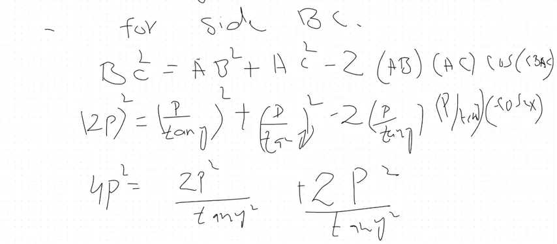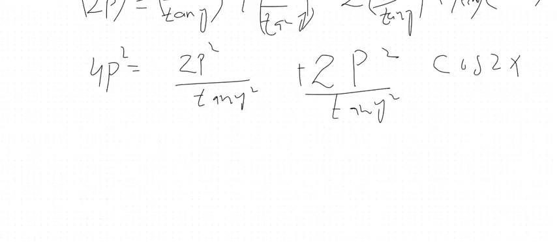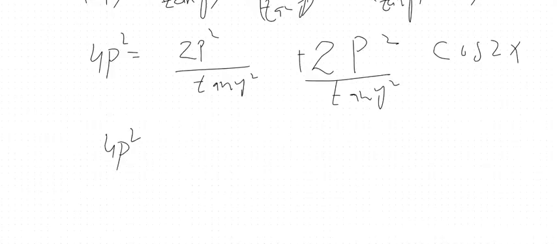So I'm going to take 2P squared by tan squared y common, and we get 1 plus cos 2x.